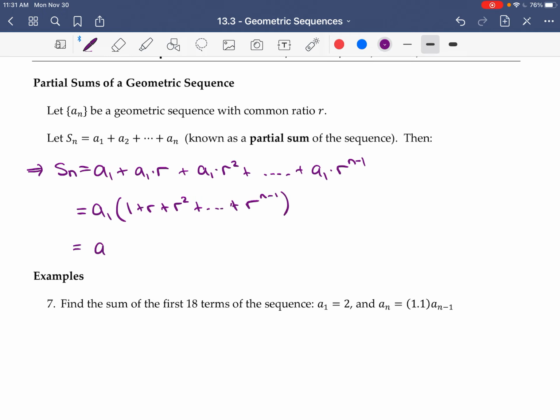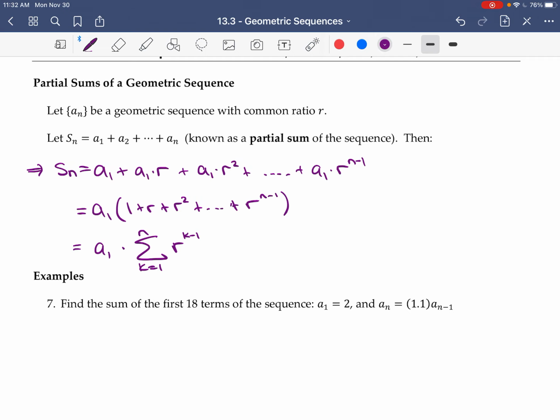So this is A1 times the sum from k equals 1 to n, of r to the k minus 1 power.